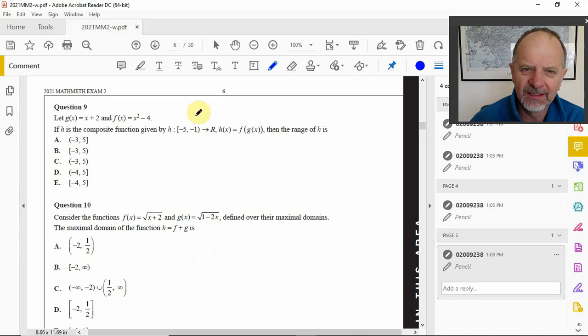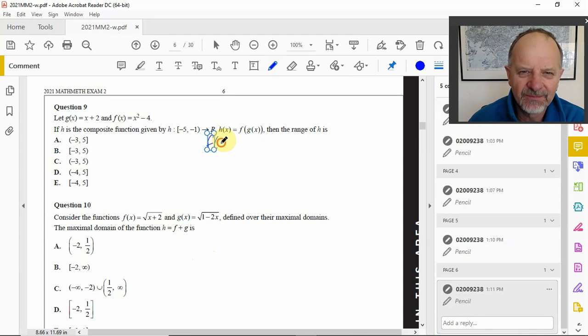All right, so let's have a look at f of g of x first of all. So f of g of x means you put the function g of x into f for x. So the function g of x is that, and that goes in here for x.